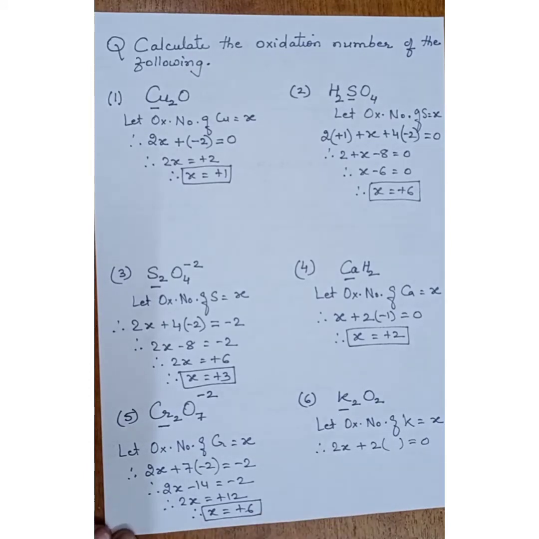Potassium is a member of group number 1. So it should have a +1 oxidation state. Now if I put +1 here and presume the oxygen as x, then it is 2 into 1 plus 2 plus 2x is equal to 0. Therefore 2x is equal to -2.